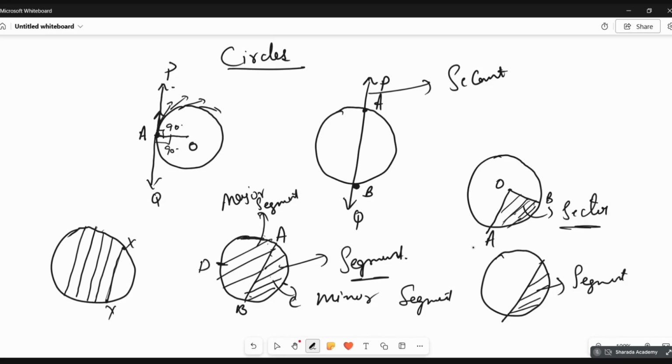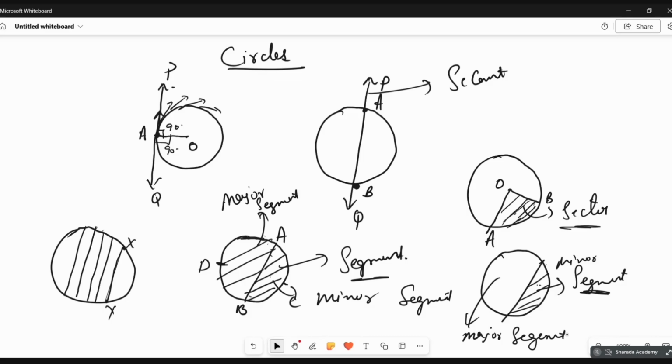Here, this is the minor segment. This is the major segment. The major segment is the major portion of the circle. The minor segment is the minor portion of the circle.